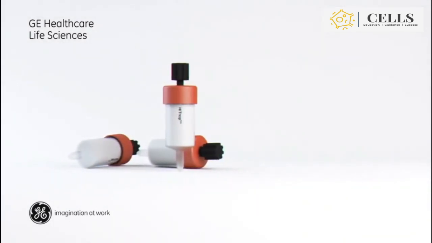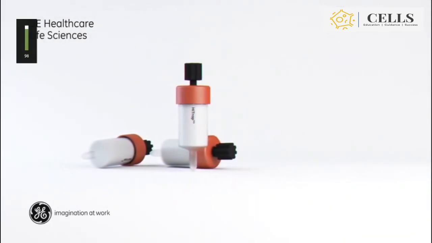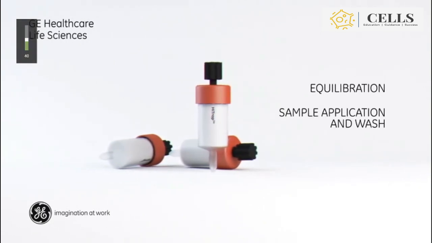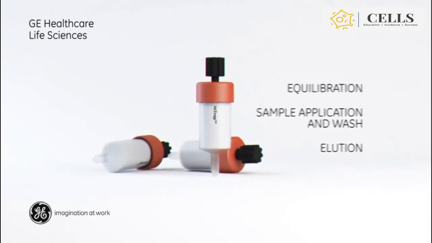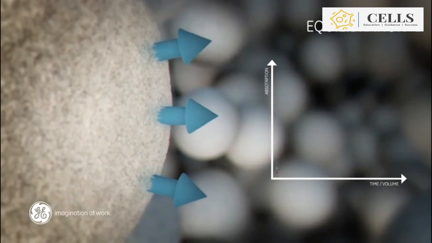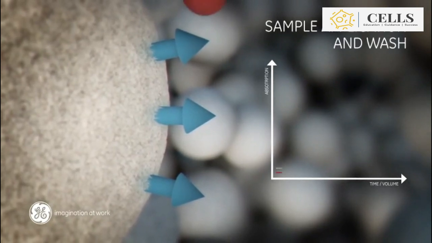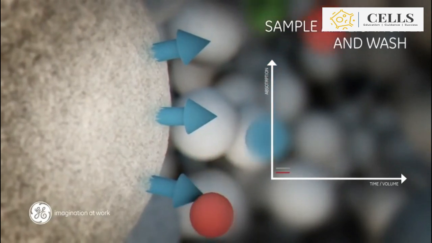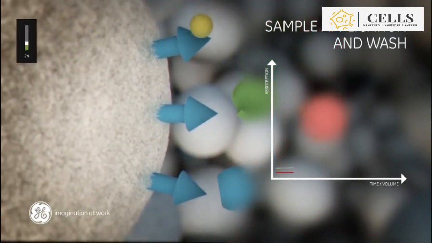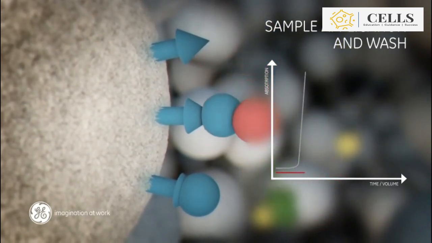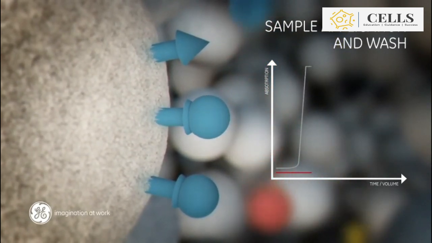Most experiments are performed in 3 main stages: equilibration, sample application and wash, and elution. The first step is equilibration of the stationary phase to the desired start conditions. The second step is sample application and wash. The goal is to bind the target molecules and wash out all unbound material. Non-binding molecules will pass through in the flow-through during washing with binding buffer.